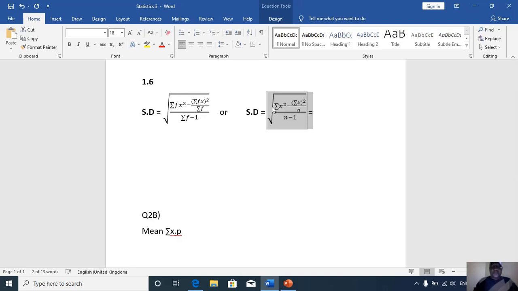Now, I want to remind you also about what we said in our session number 2: the reason why the denominator carries a -1 is because you are dealing with a sample. If you are dealing with population data, you don't have to subtract 1.